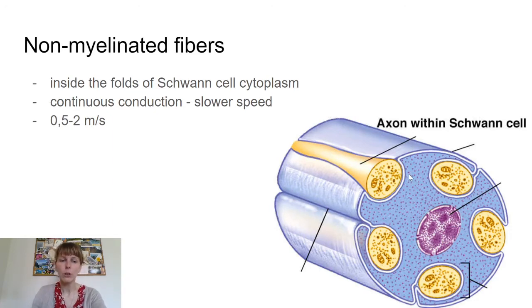And because we don't have the saltatory conduction, we have the normal, the continuous one, and this leads to a much lower speed. So it can be even under 1 meter per second. So up to 120 in the myelinated fibers, and here even below 1 meter per second.